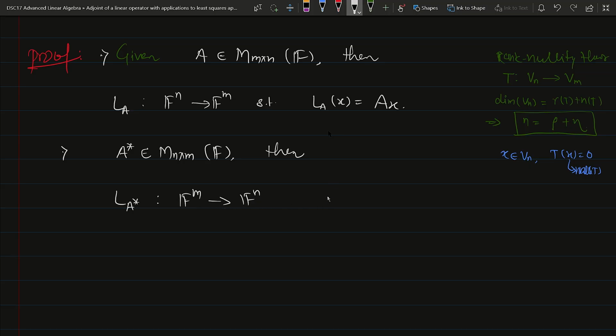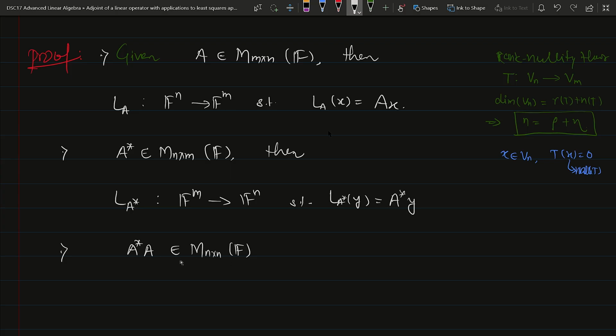Okay, now if you write L A star of y here, then that will be A star y. Now this y is an element of Fm. Okay, what about A star A? So this is M cross n and this is n cross m. So this will be in n cross n over the field F, right?